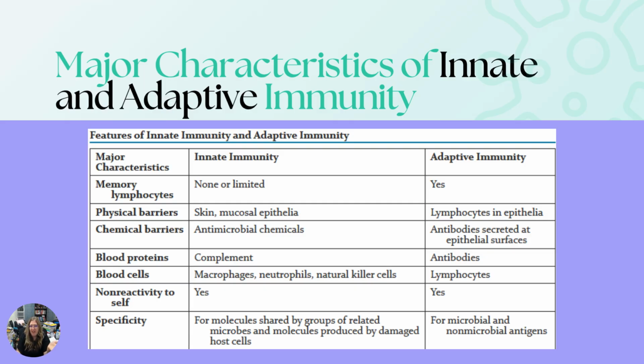So take a second and look at the comparison here. At this point, I don't want innate and adaptive immunity to feel like two lists that you're memorizing. I really want you to see the relationship. Innate immunity is there quickly and it recognizes broad signs that something is wrong. It contains the threat and it sends the signal, calls for backup.